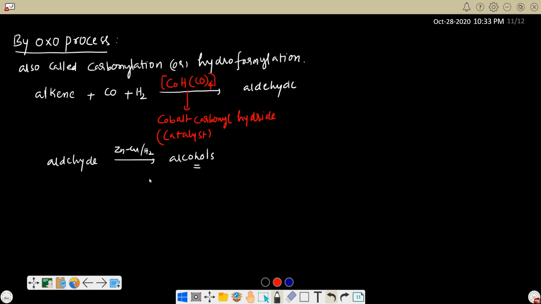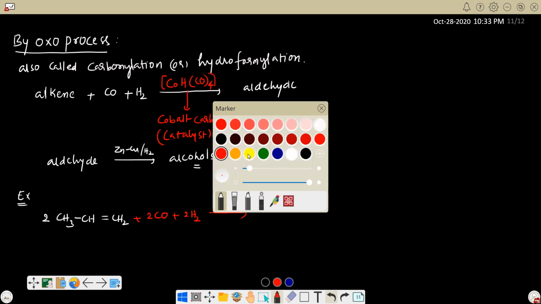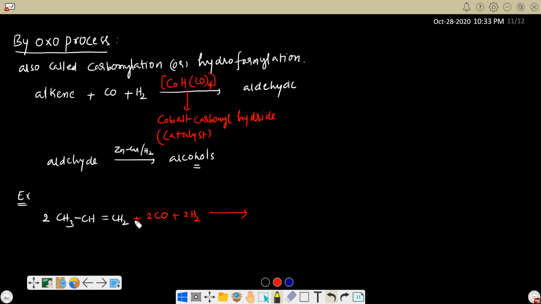So let me give one example. Suppose I take 2 moles of propene, CH3CH double bond CH2, plus 2 moles of carbon monoxide plus 2 moles of hydrogen. The product is here. Actually, how do you understand this?